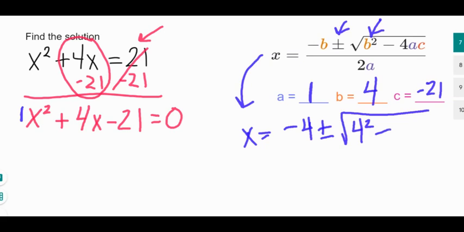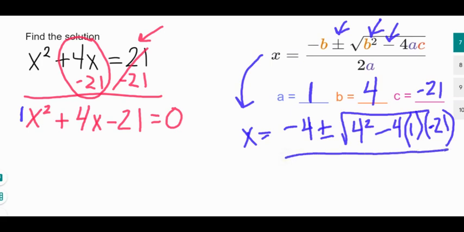And then minus 4ac. So 4 times my a is 1, my c is negative 21. And then all of that goes over 2a. So that's 2 times 1 in this case. Okay, so that's what I have right now.